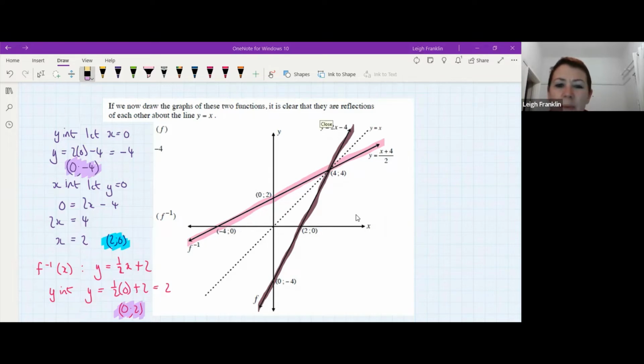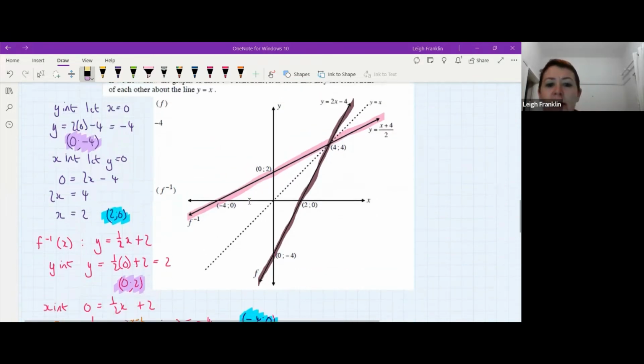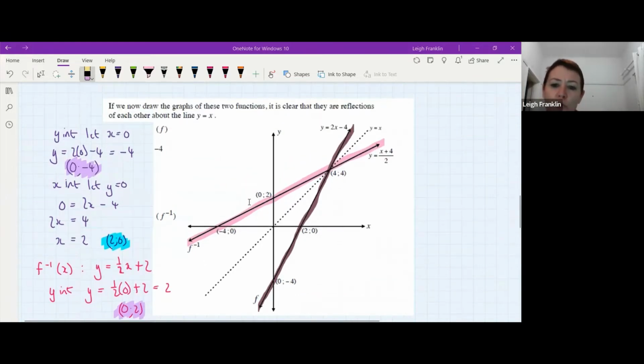Yeah, this beginning bit is generally the easier part. And then if they asked you to determine the coordinates at the point of intersection, that's the only other thing I was going to run through quickly here. You would just equate those two to one another.